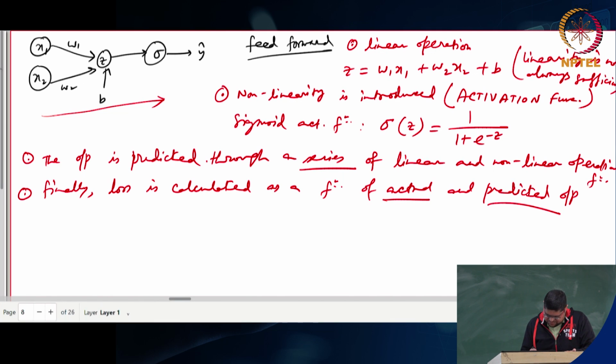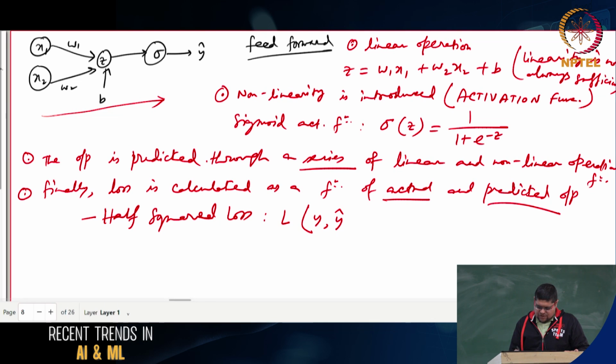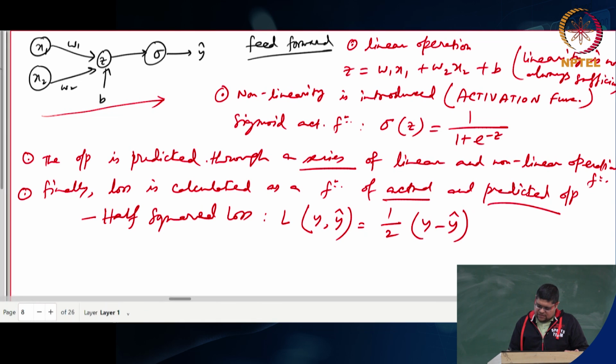So say I am taking one example, half squared error loss, or half squared loss. Suppose I am denoting using L of y hat, it will be 1 by 2 times (y minus y hat) squared.